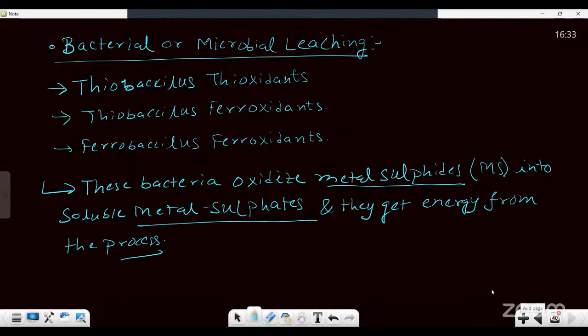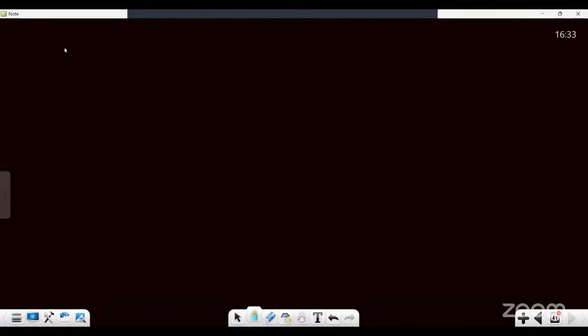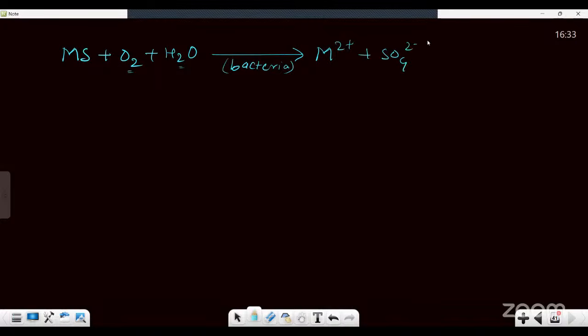So I can write here, this is basically my metal sulfide, in the presence of oxygen and water. Oxygen is present in the atmosphere, and water vapor or water is also present. So for bacterial leaching, you do not require anything else. If bacteria is present, it is going to act on the metal sulfide. Your metal sulfide is going to get converted to M2+ and SO4 2- ions, plus it will release H+.